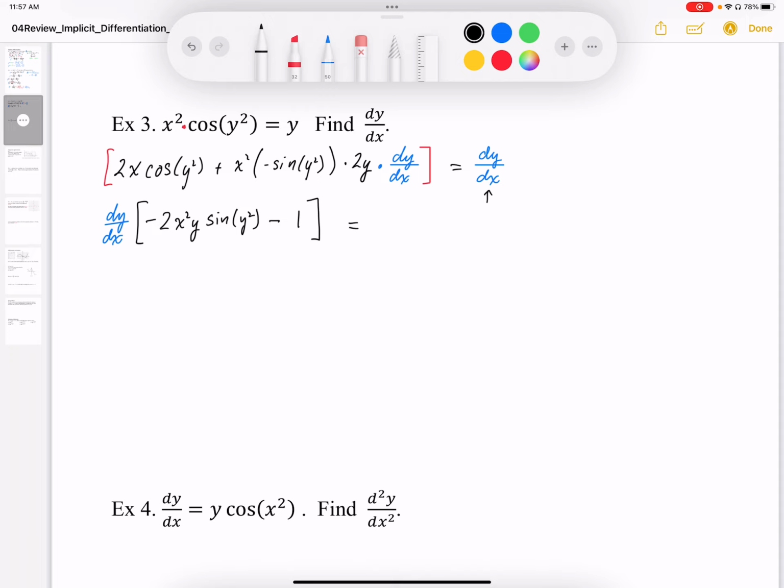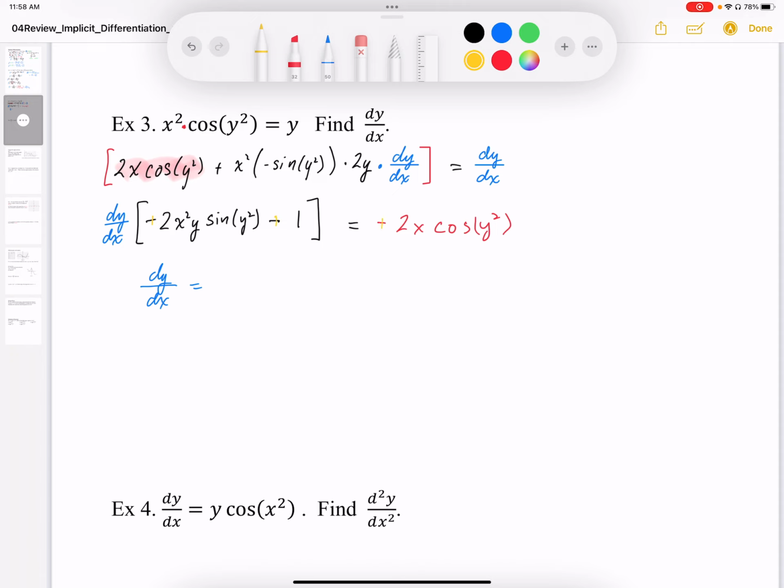The other term that I have to account for is this one here. Now that's going to end up on the right-hand side of the equation now as negative 2x cosine of y squared. Okay, so I can probably get rid of the negatives when I divide. So dy by dx is going to be equal to, these negatives all become positive.